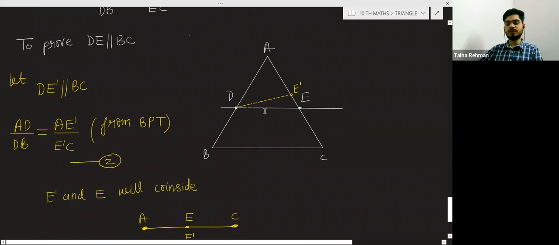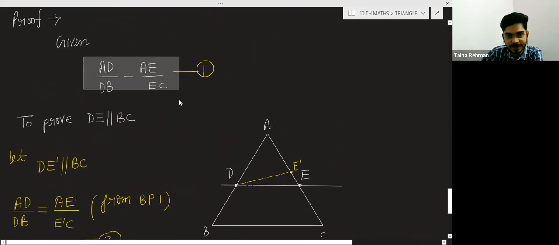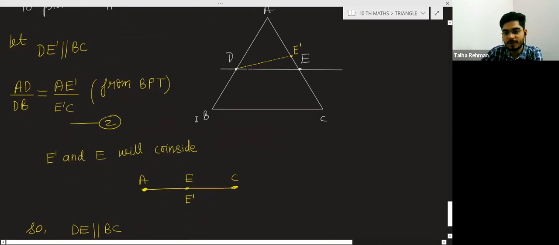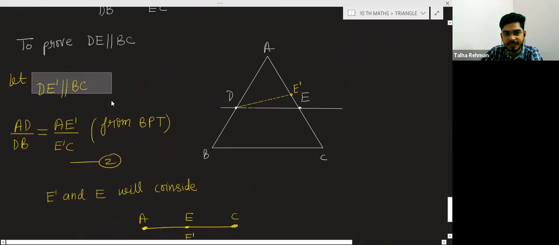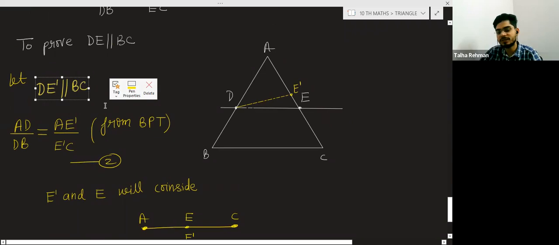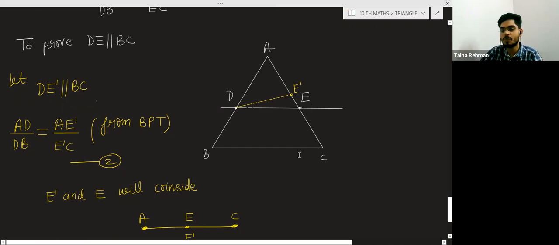This is the ratio given, but we know that E' is coinciding with E. So we can say DE must be parallel to BC, because we had assumed DE' is parallel to BC, but E' is coinciding with E. So you can say DE will be parallel to BC.